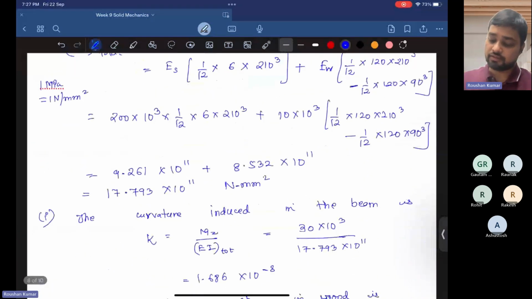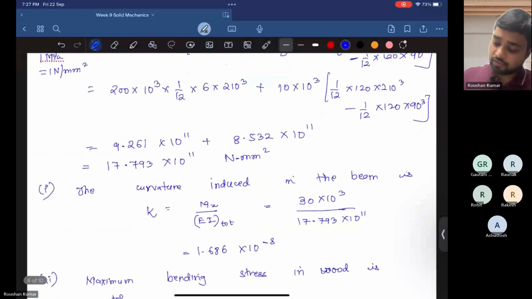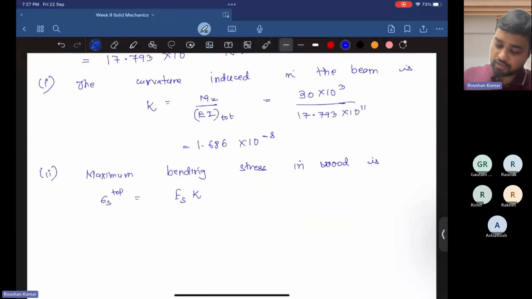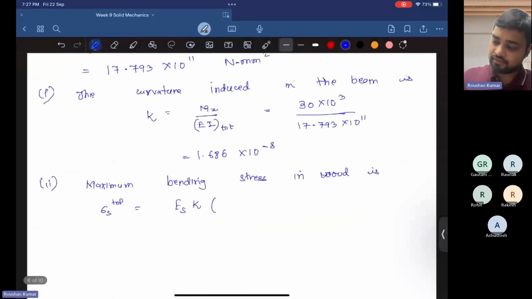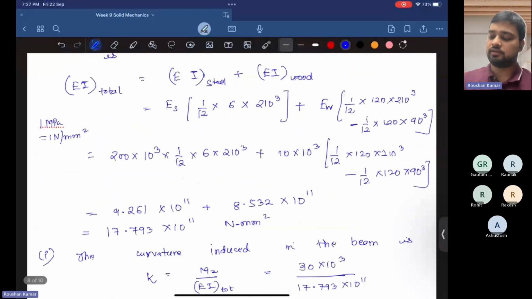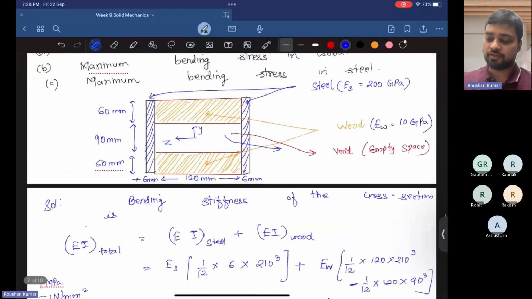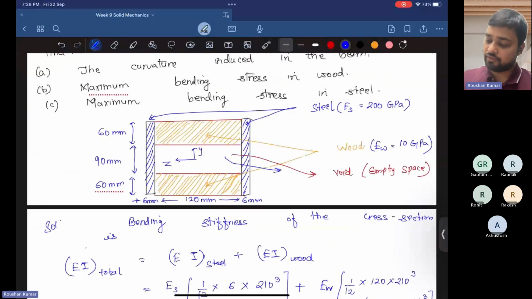So basically we have to find the maximum bending stress at the top. Bending stress at the top is given by E into kappa times y, that is the position of the point from the neutral axis. Suppose this is our neutral axis.